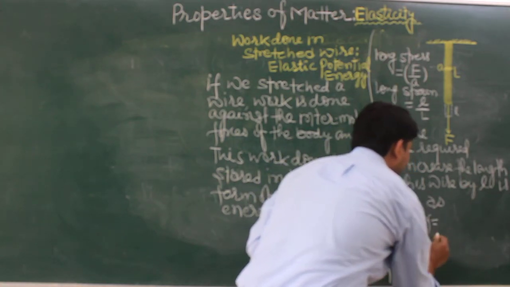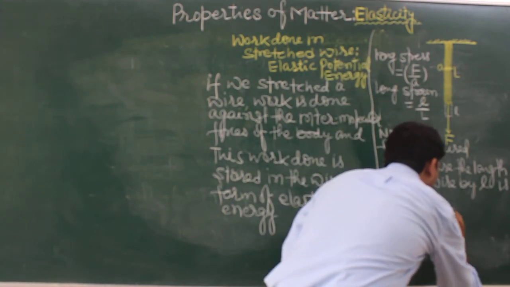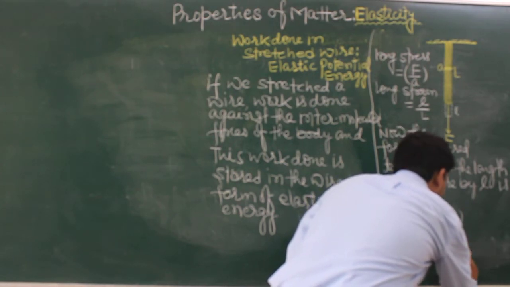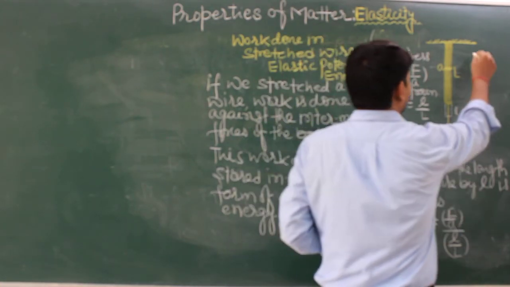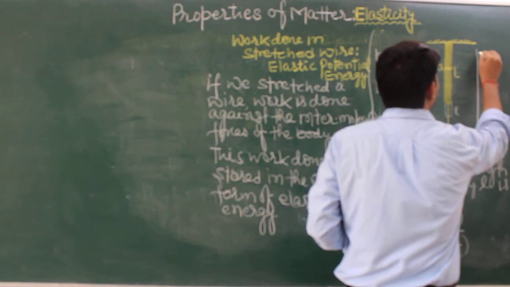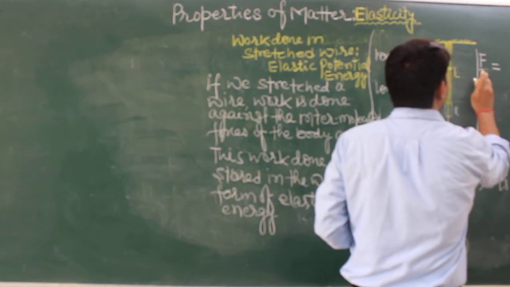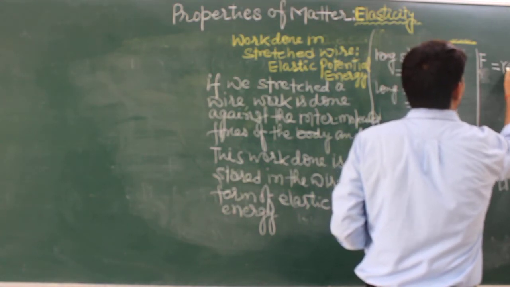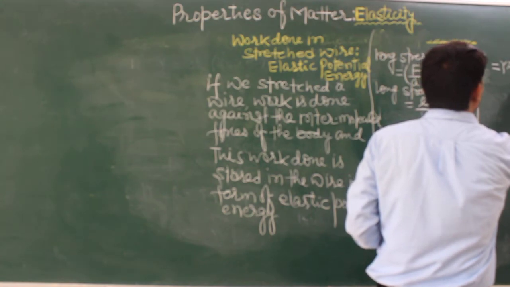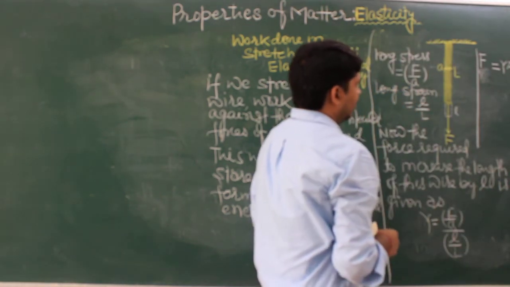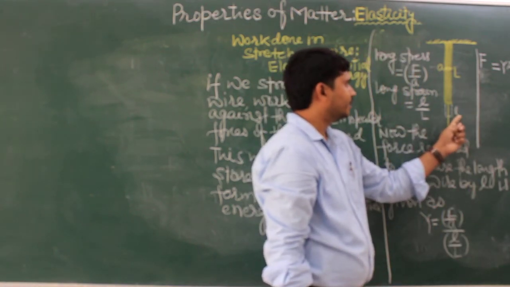We will have an expression of Young's modulus, Y equals F by A over l by L. So F by A equals Y times l by L, and F equals Y times A l over L. This is the force which is needed to increase the length of the wire by l.